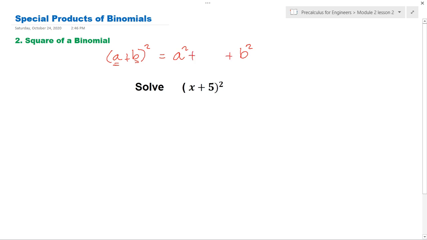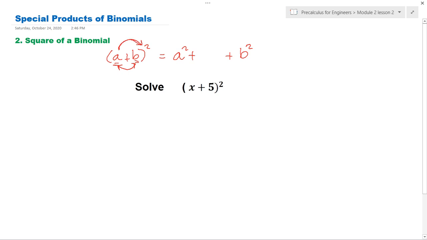Paano ma-solve yung middle term? Ito lang class ha. This is only applicable for square of a binomial. So, although this can be solved by FOIL method, this is the shortcut, the very, very shortcut na talaga. So, ito yung gagawin natin. Just multiply the two terms inside the binomial, a times b, then multiply it to the exponent, which is equal to 2.